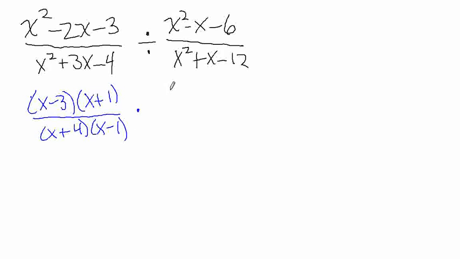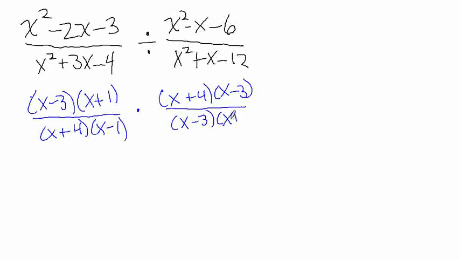Now, I'm going to factor the second rational expression and invert it at the same time. Okay, there you go. And so now we can have a big cancellation party.